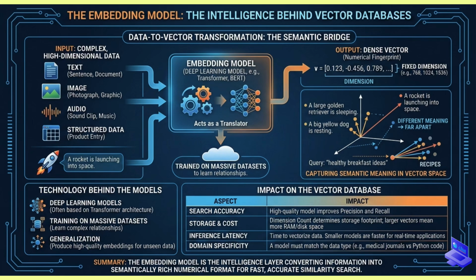For example, the sentence, a large golden retriever is sleeping, will have a vector that is numerically closer to the vector for a big yellow dog is resting than it is to the vector for a rocket is launching into space. This proximity of meaning is what allows the vector database to perform semantic search.